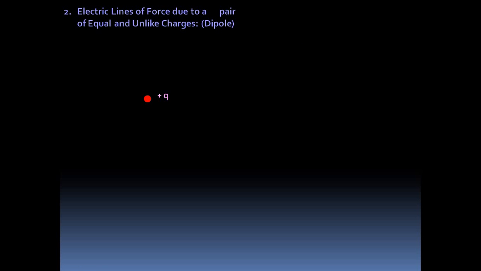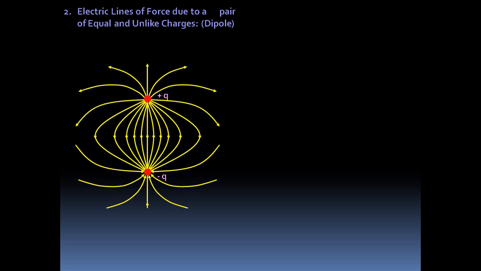Electric field lines due to a pair of equal and unlike charges, which is called a dipole, which we are going to study later on. Here we find that the field lines are closer between the charges, and the farther we go from the charges, the field lines are separated and scattered.